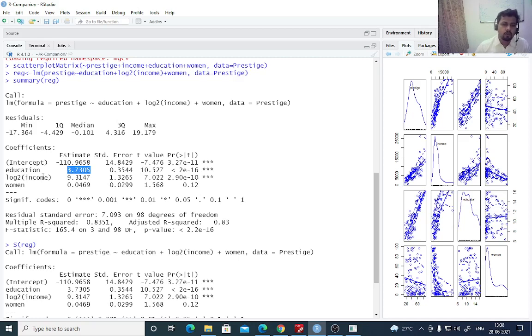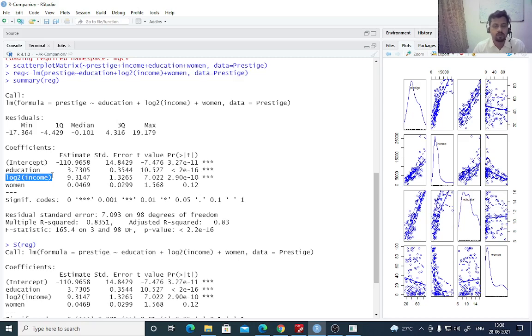Second is log to income, which is your explanatory variable in this case, and it has a coefficient of 9.3147. Mostly when you have a logarithm applied to a variable, changing that variable by 1 unit pertains to proportional change, because you are not talking about the absolute change in the variable. Changing the log of any variable with base 2 by 1 unit is roughly doubling that variable.